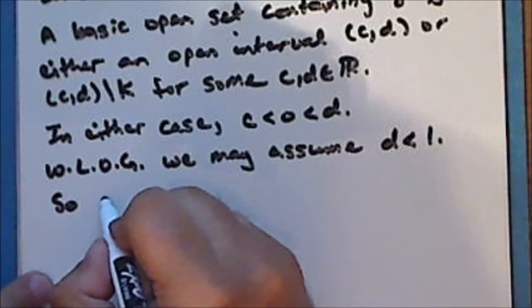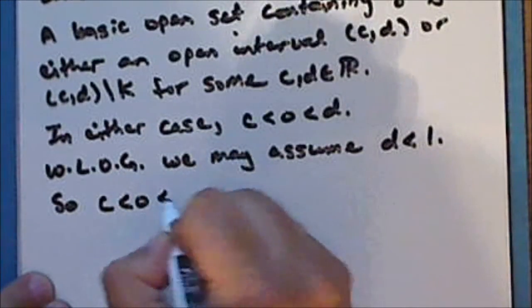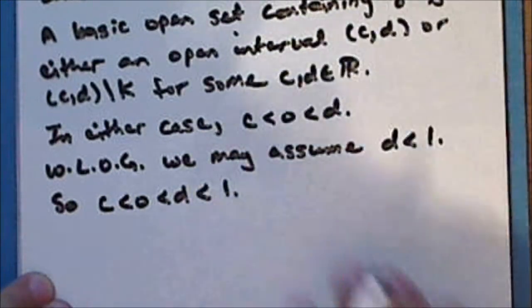And so we have that C is less than 0, which is less than D, which is less than 1.